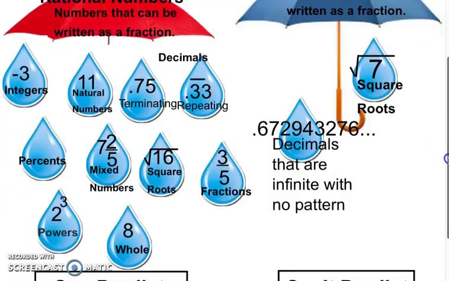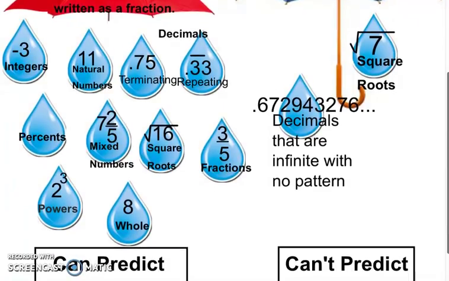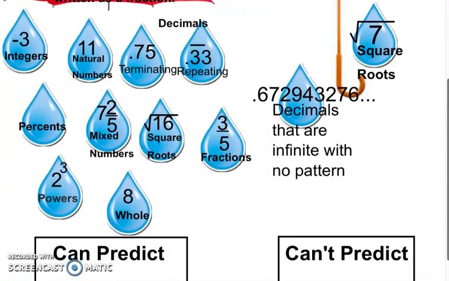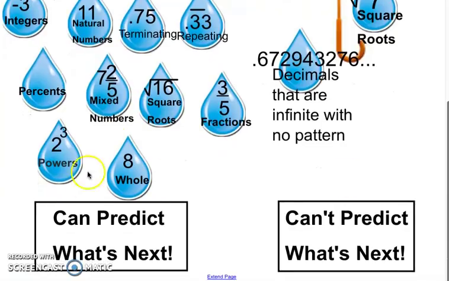And so one way to know if a number is rational or irrational: with rational numbers, we can predict what's coming next. So for instance, like -3, I know that -3 actually stops. The only number that comes next is 0.0, and I could put another 0 and another 0, and it could infinitely go on with zeros.